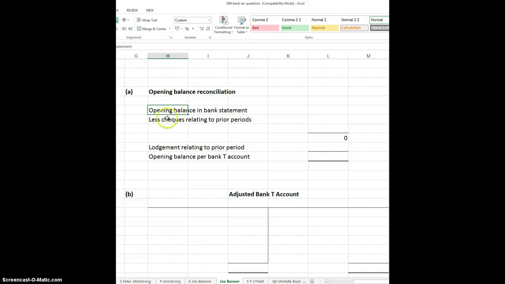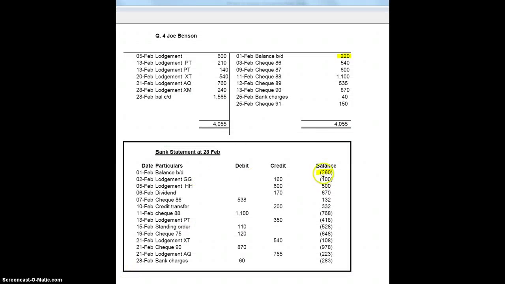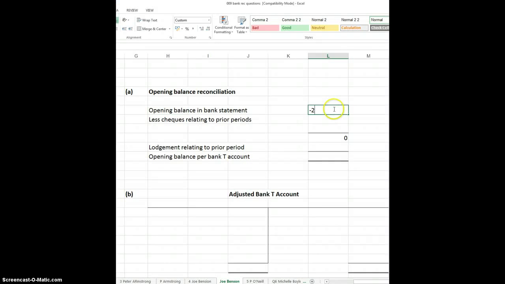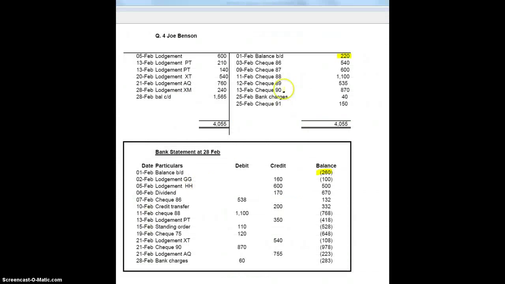We've got our opening balance, which you always start with from the bank statement, and the opening balance here is minus 260. Then we take away any checks relating to prior periods. How we know this: we're in February now, so any period before February is January, December, November.